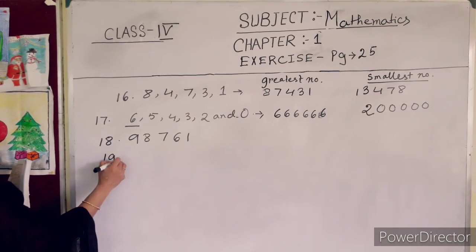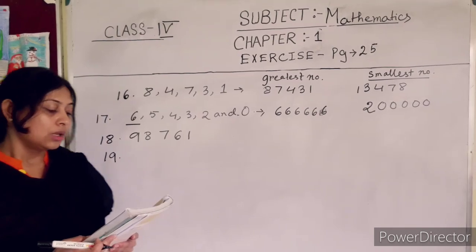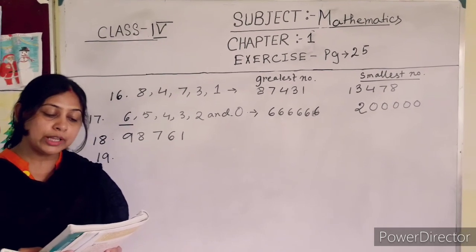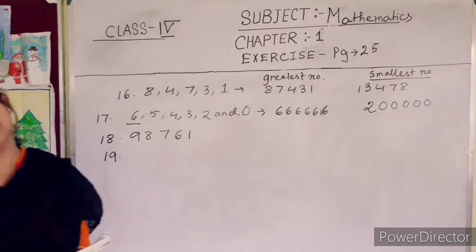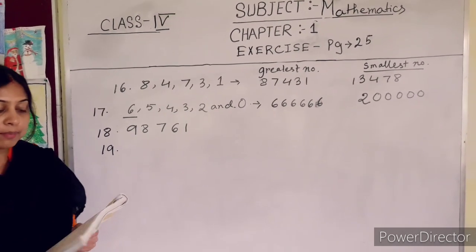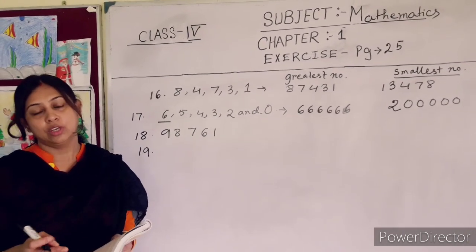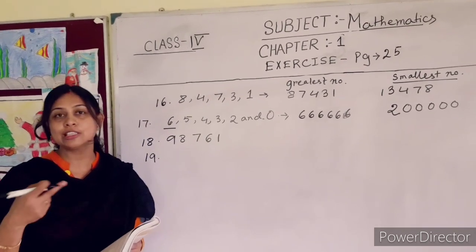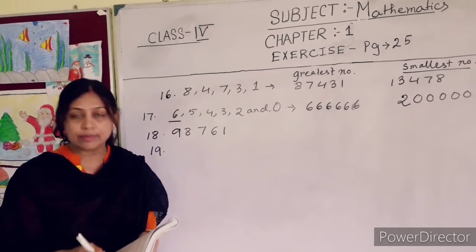Okay? Now question number 19. Give the smallest number more than 28743. Which one is the smallest number more than 28743?